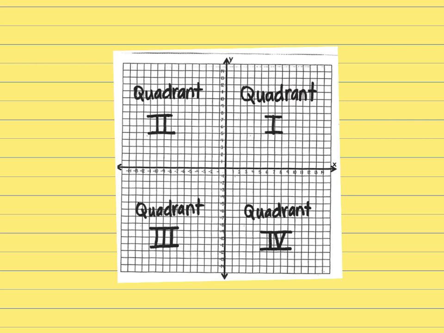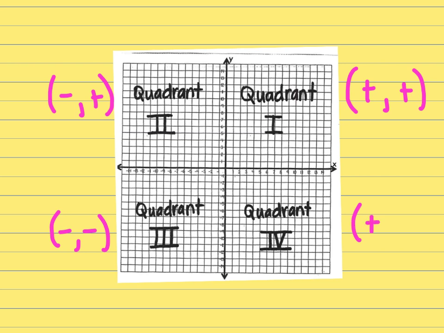The quadrant 1, the numbers are positive, positive. Quadrant 2, the numbers are negative, positive. Quadrant 3, both numbers are negative. And then quadrant 4 is positive, negative.